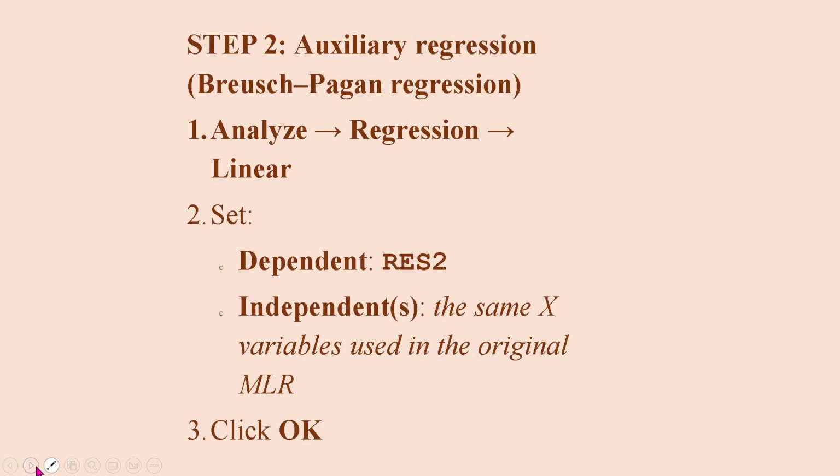Step 3, we perform the multiple linear regression by going to the Analyze menu, Regression option, Linear sub-option. Now we set our dependent variable as res2, and the independent variables are still our x1 and x2 in the multiple linear regression model, and then we click OK.